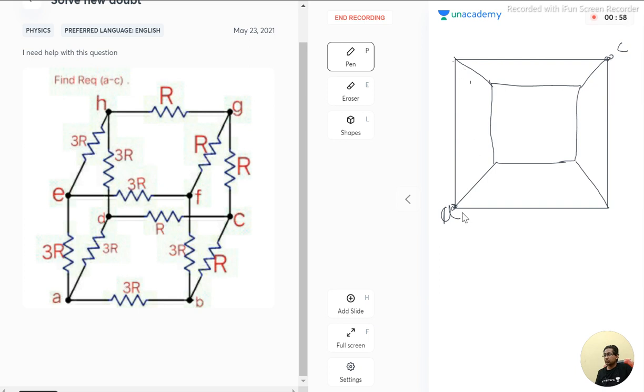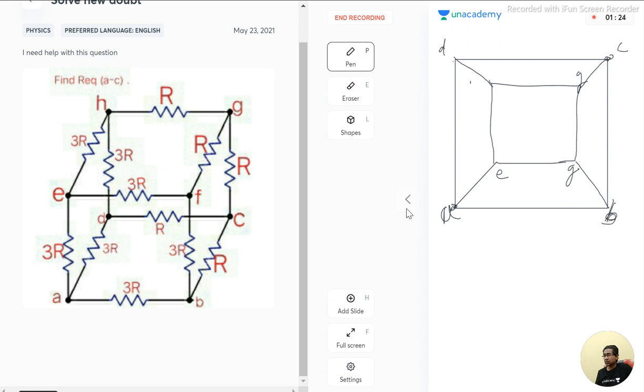So this is A, this is D, and this is C, means the lower branch, and this is the upper branch. So A is connected to E, C is connected to G, and this is B.